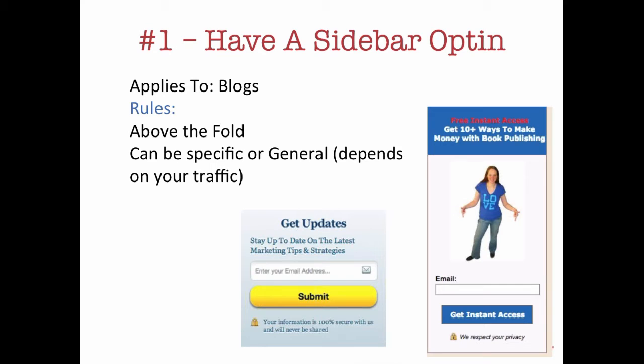So it's very easy to do. You can use the templates that your autoresponder provides you, or you can make a custom one, kind of like what I did here. I added an image, and you can do whatever you want. So it's pretty flexible in the customization.